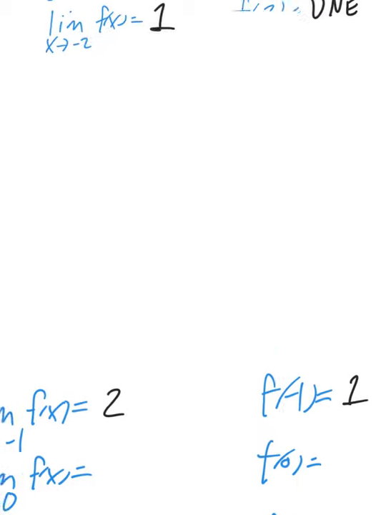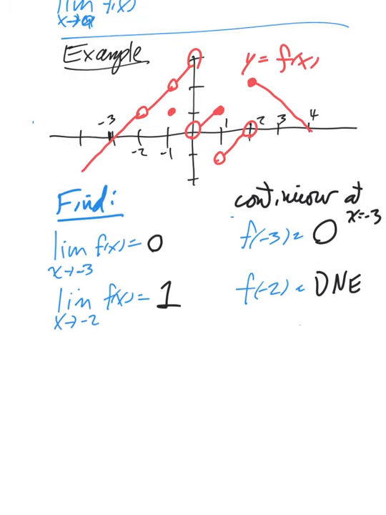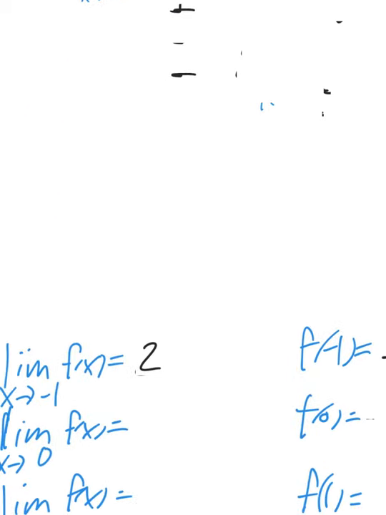How about at 0? At 0, things get more complicated. If x is close to 0 but a little bit smaller, then f of x is up here around 3. If x is close to 0 but just a little bit bigger, then f of x is equal to 0. Numbers that are sometimes close to 3 and sometimes close to 0 are not close to a single value. So that means that the limit at x equals 0 does not exist.